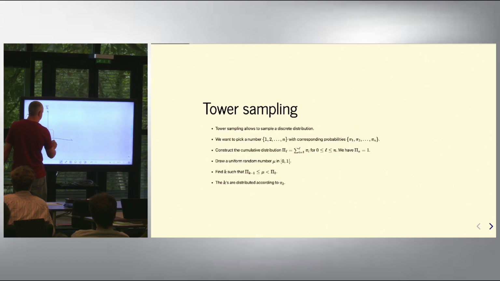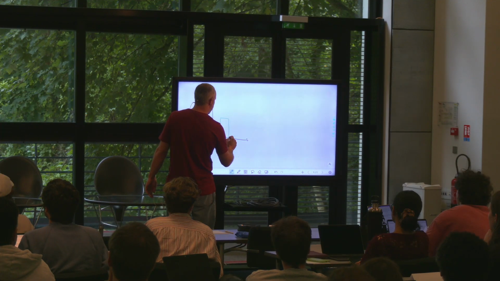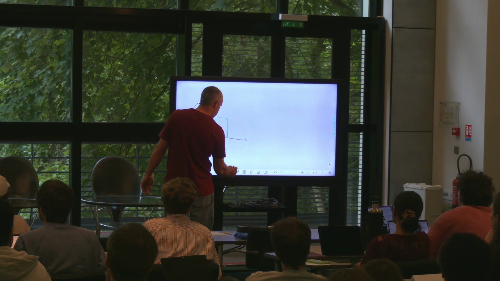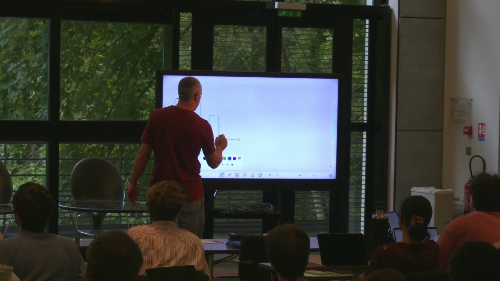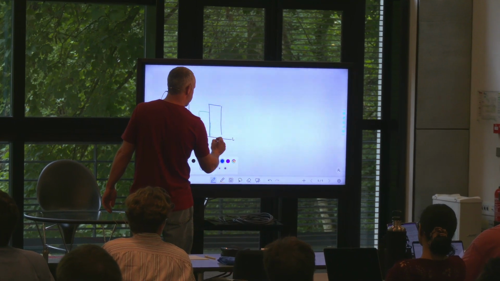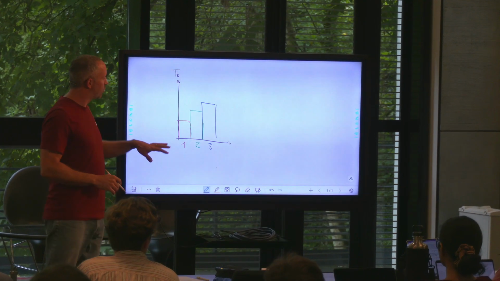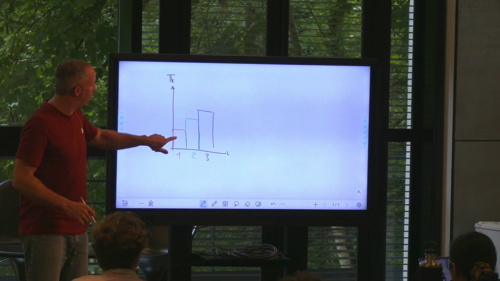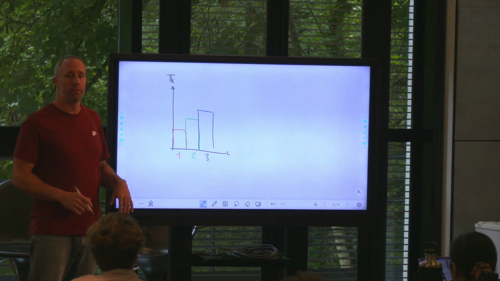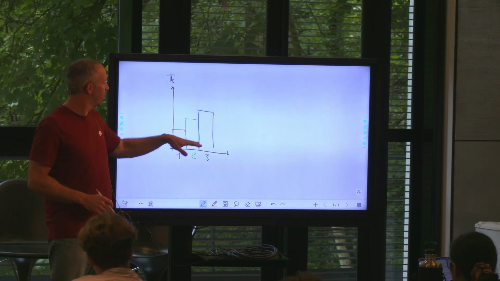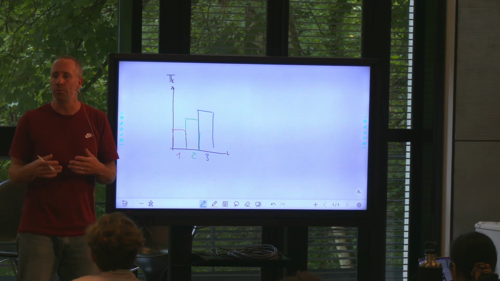That's the probability for number 1, the probability for number 2, and the probability for number 3. I want to draw the numbers 1, 2, 3, with these probabilities. The sum of those lengths has to be equal to 1.